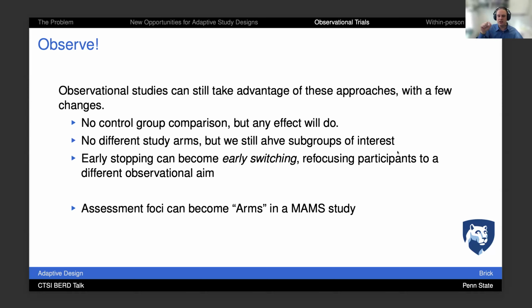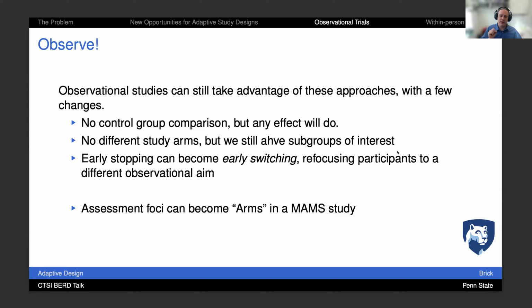And rather than adjusting randomization, we can adjust recruitment to try and upsample the particular groups of interest. Again, this has statistical implications, and we've got to pay attention to them. But it's still very straightforward to do those corrections.